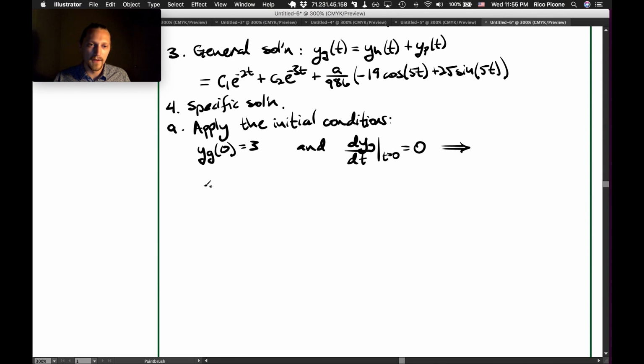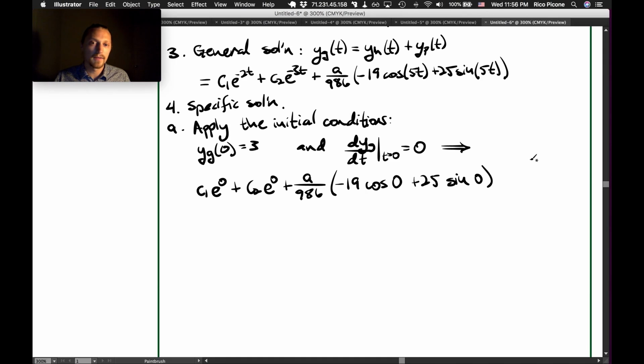So let's do C1 e to the 0, it's time 0, plus C2 e to the 0, plus a over 986 times negative 19 times cosine of 0 plus 25 times sine of 0, which we know is 0, right? And on the right-hand side, we say the initial condition is that plug in 0 to all of this, and it has to be equal to 3. So that's the first equation.